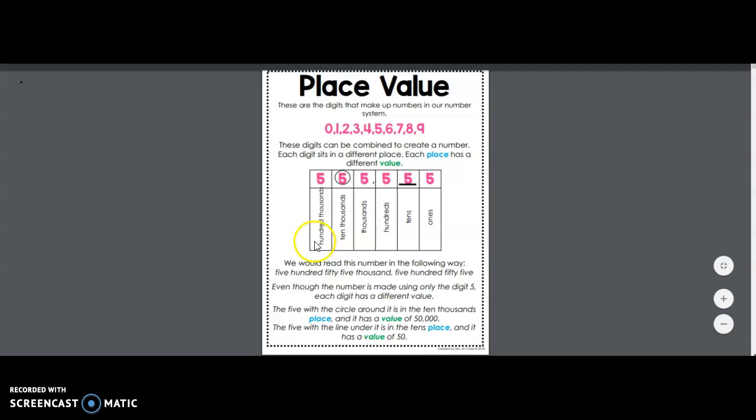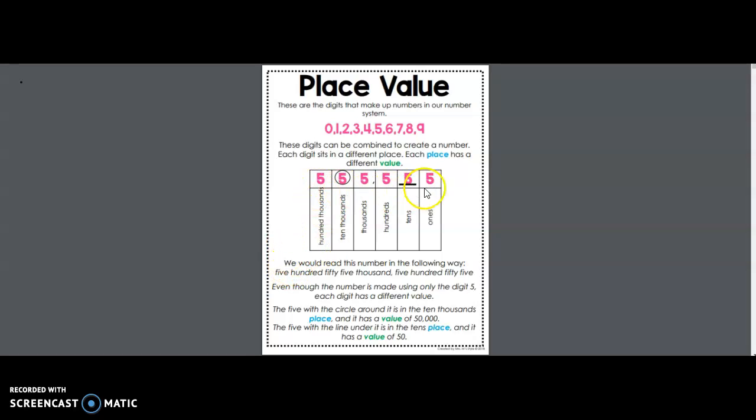And in this place value chart, we have, starting with your ones, your tens, hundreds, thousands, 10,000s, and 100,000s. So in third grade, we go up to our 100,000s, and we have 6 different places in our place value chart that we will be using.